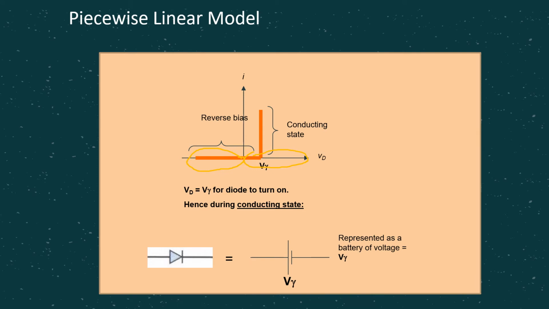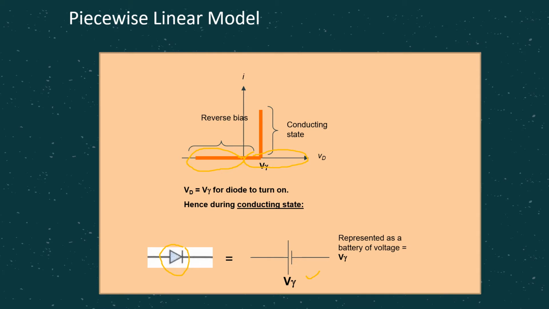To represent these IV characteristics for the second model, whenever we have a diode under forward bias condition, in the conducting state, this diode can be represented with V gamma. It depends on the question, but normally it's around 0.65 to 0.7 volt for a silicon diode. So how do you represent the V gamma? It depends on the terminal of the diode.